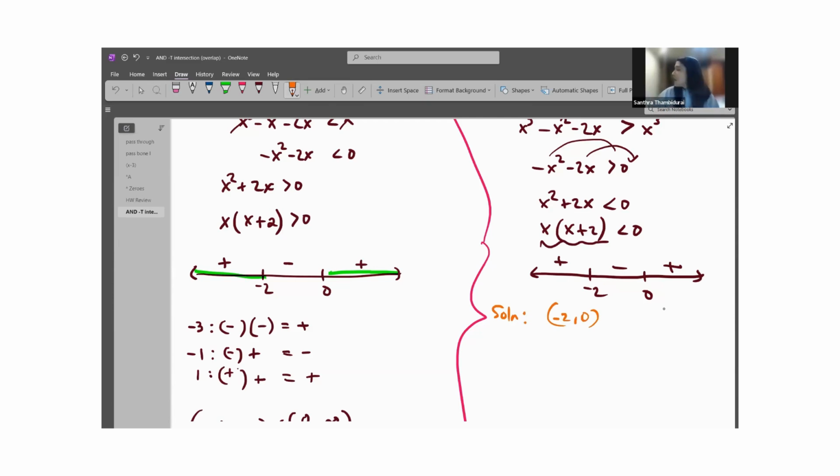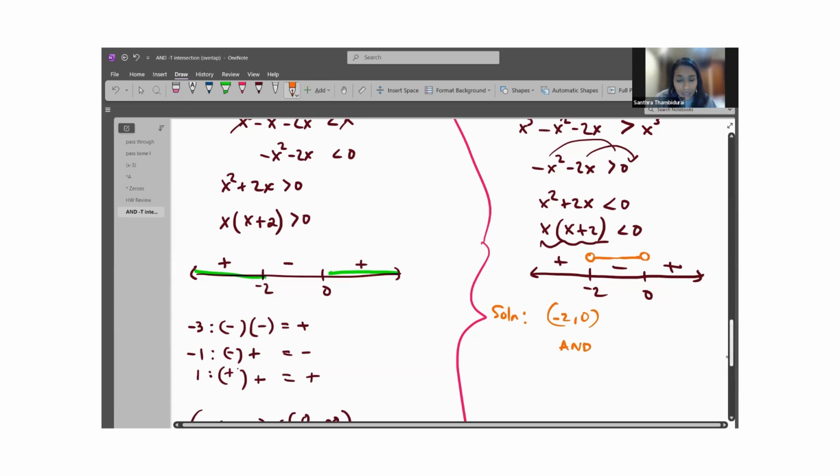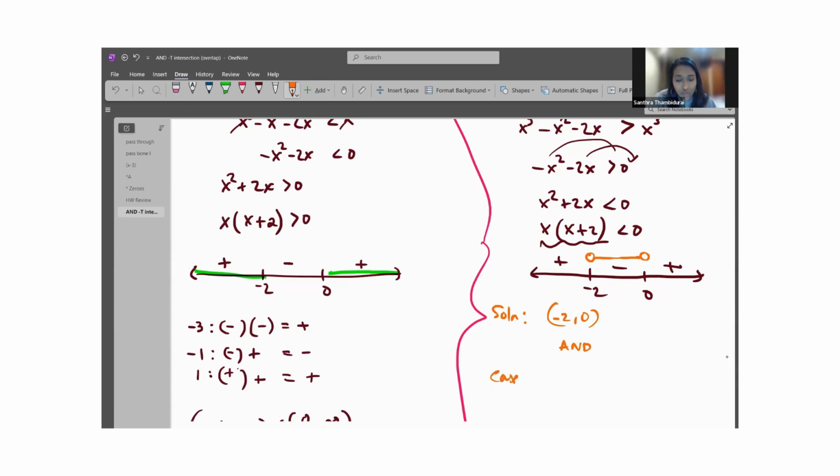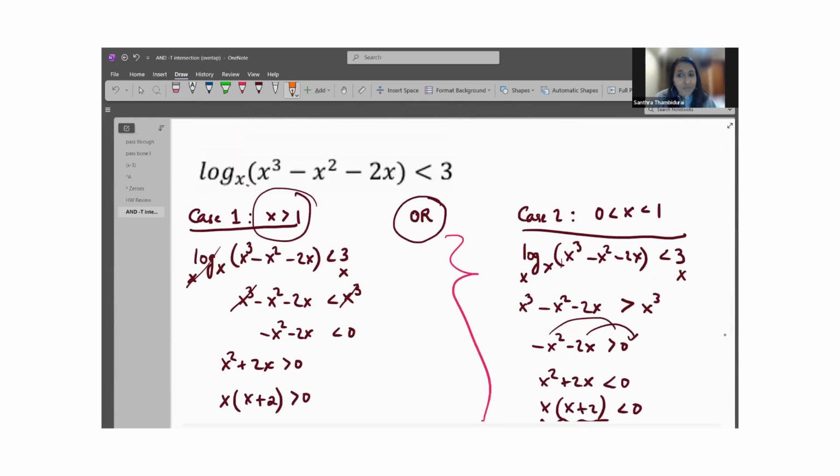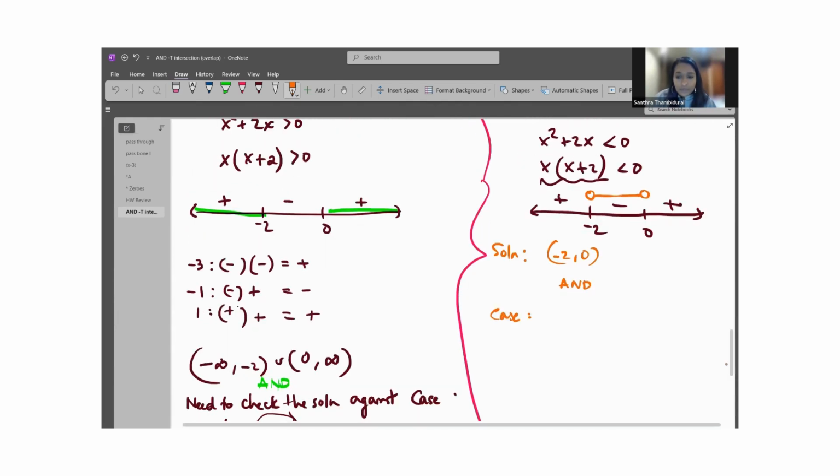But remember, after you get a solution for a case, you need to combine that with the case restriction using an and. The case restriction was that x must be between 0 and 1.